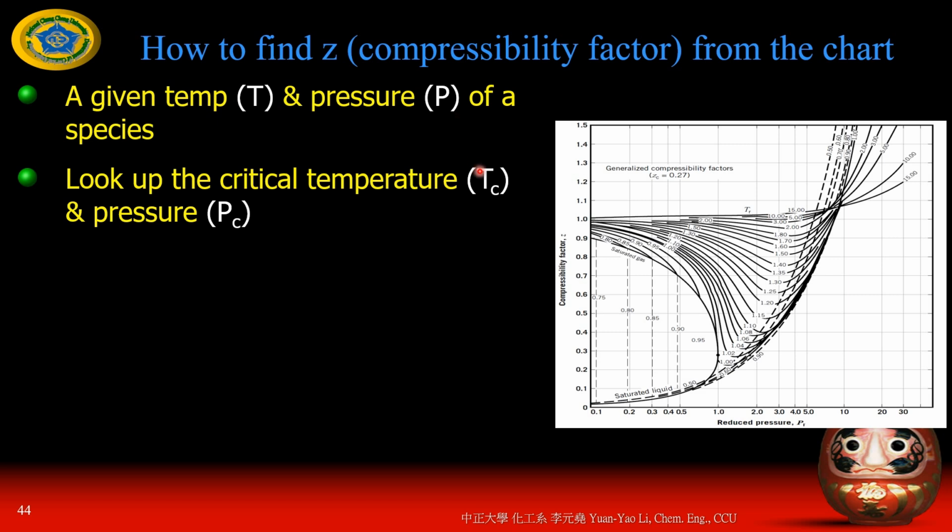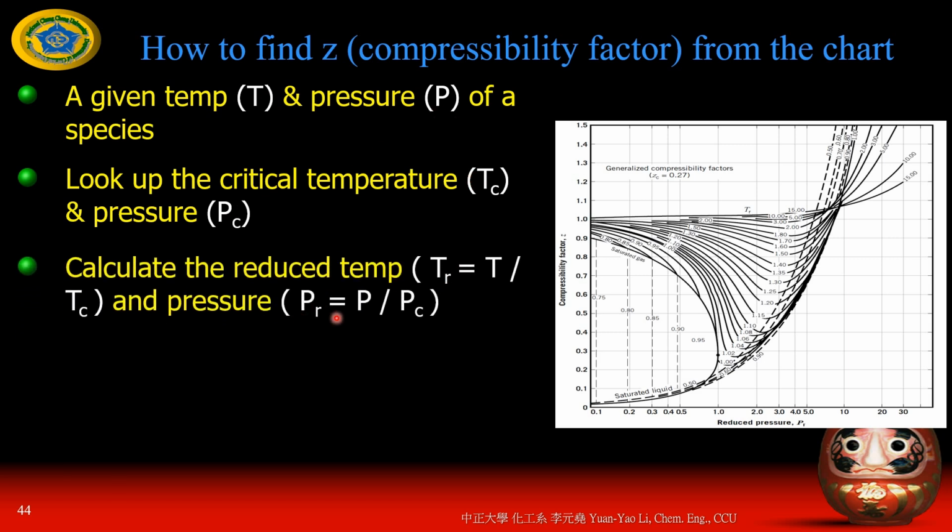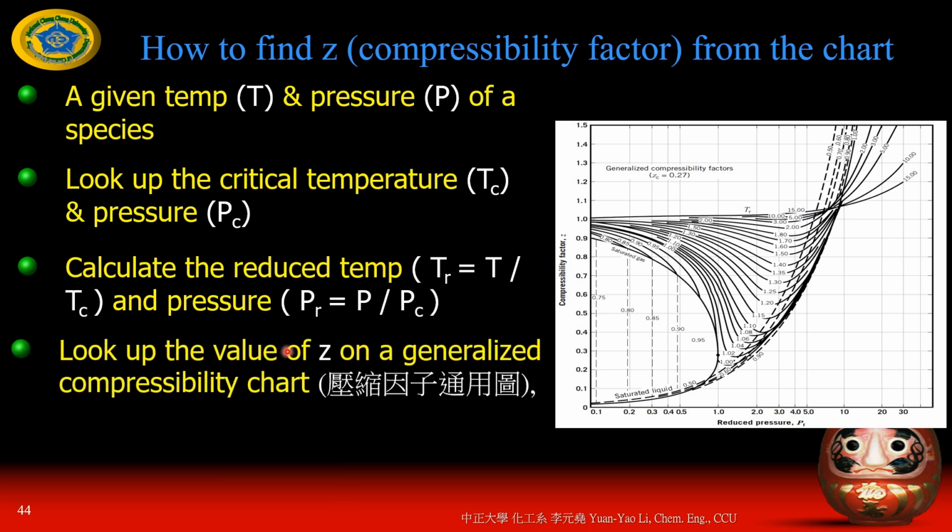You need to find out the critical temperature of nitrogen and the critical pressure of nitrogen. So you have T and TC, you have P and PC, so you can find out TR and PR. Then look up the value of Z on the generalized compressibility chart. So you get Z.